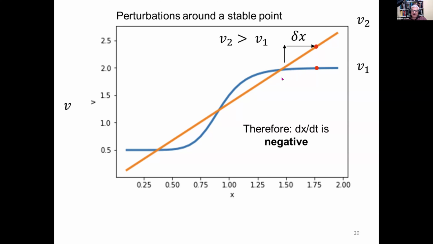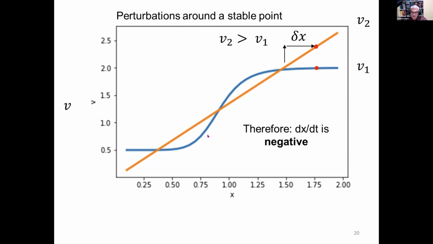This is what I meant by a canyon: if you try to move away from the canyon, the forces will pull you back in. The same argument applies down here. You can do the same thought experiment on the lower one, and you'll find that this one is also an attracting point. Everything gets attracted to that.